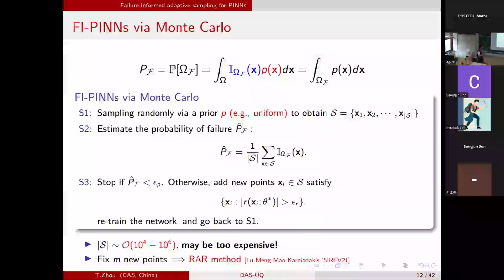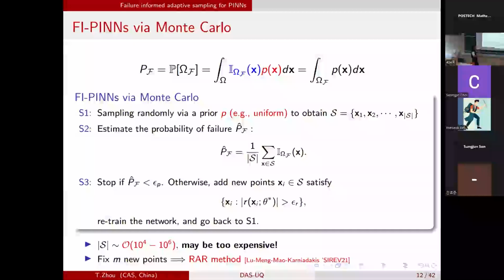I mean, in each step, you will generate a large number of points based on uniform sampling. And for each point, you will compute the current residue. And you choose the largest points into the former training set. This is called RAR.